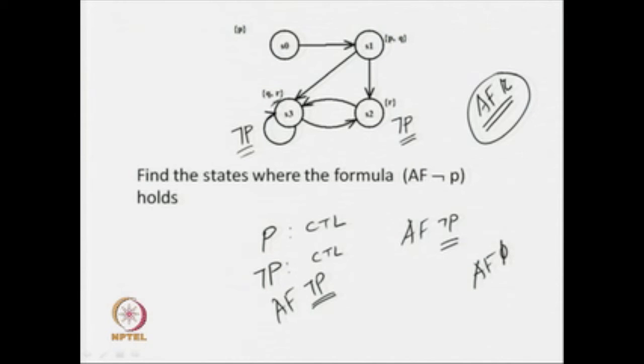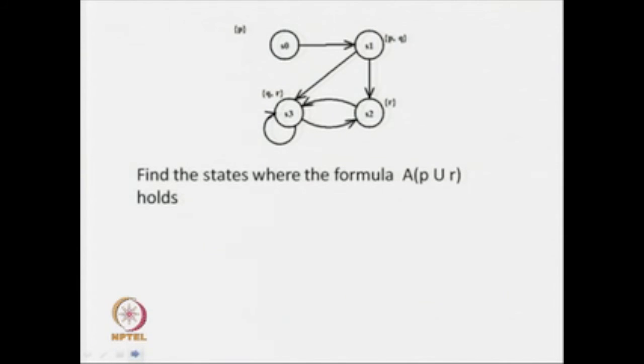So, the behavior of this model is the same with respect to the atomic propositions R and not of P. Since AF R is true in all the 4 states of this model, similarly we can conclude that AF not of P is also true in all those 4 states of this model. So, this is the way that we have to see whether some CTL formula is true in some model or not.